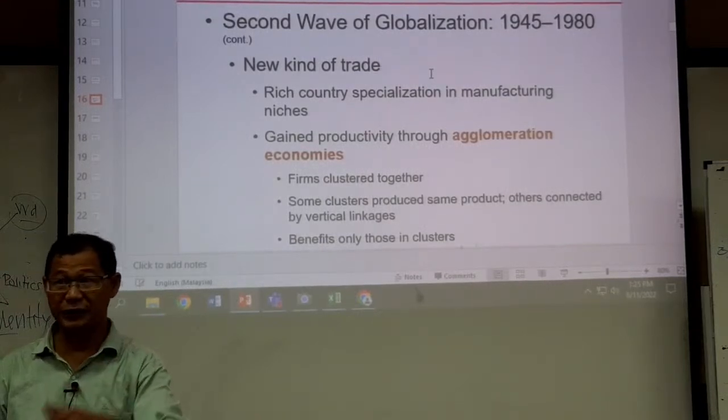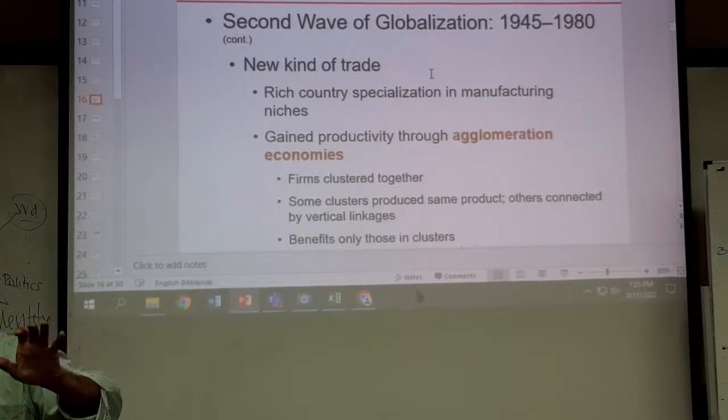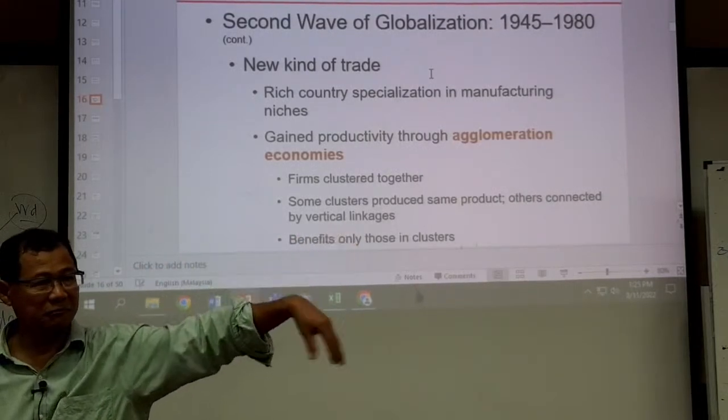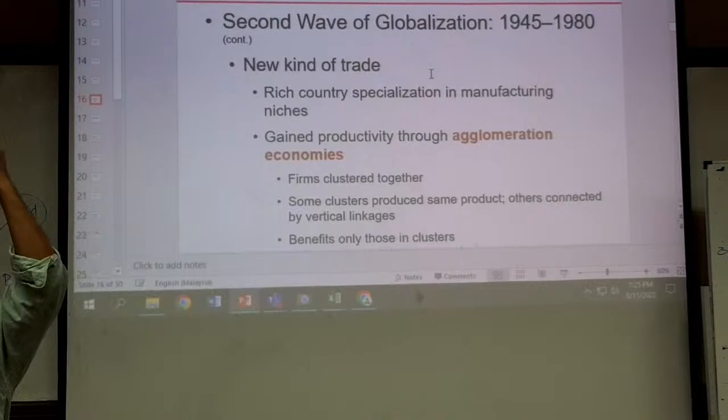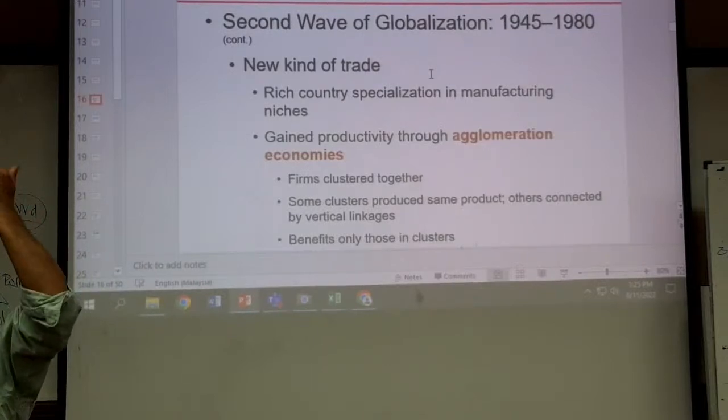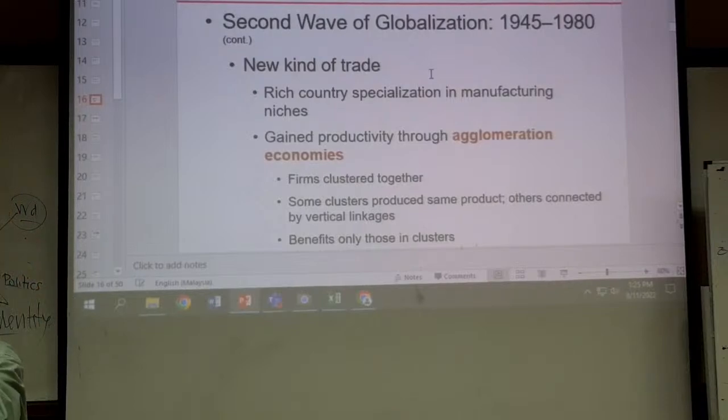That's why even fashion shops will be all in this area. You see this Bangi Central, boutique area, all boutiques in one place. That's agglomeration economics. That's why Silicon Valley, anything high tech is in Silicon Valley. What is agglomeration economics?